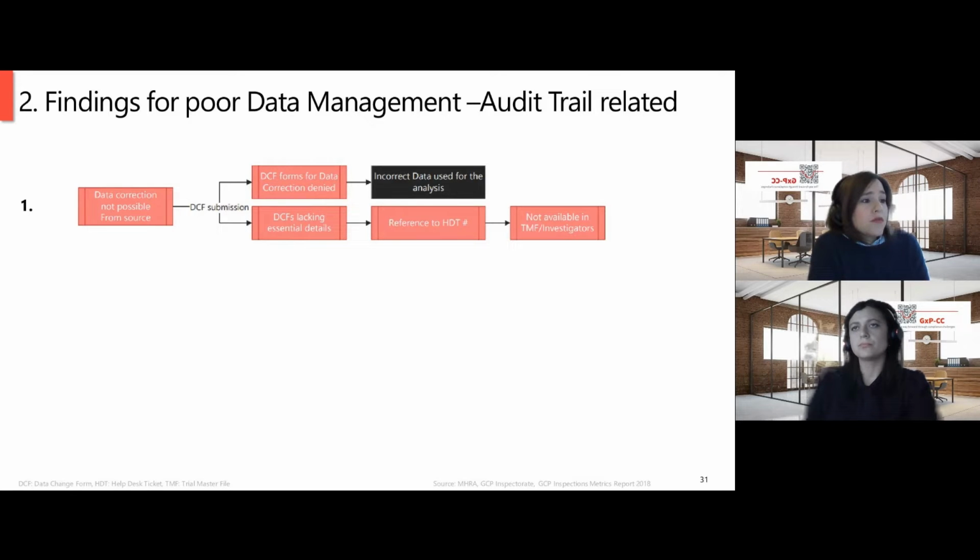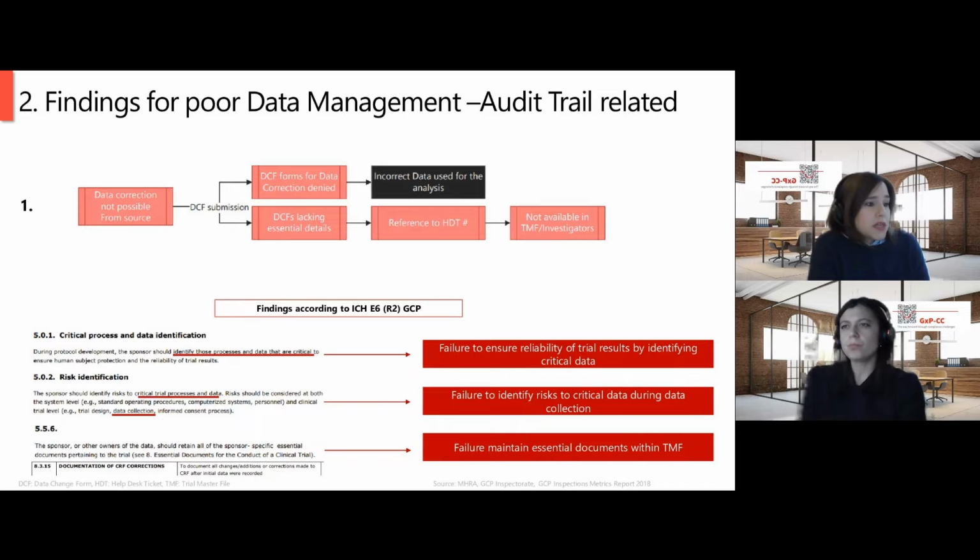Furthermore, many of these forms were lacking essential details. They only would reference a help desk ticket number, and even worse, they were not available to investigators. They were not given back to them, and they were not available in the TMF, which is a wrongdoing, as it impaired the reconstruction of the trial.